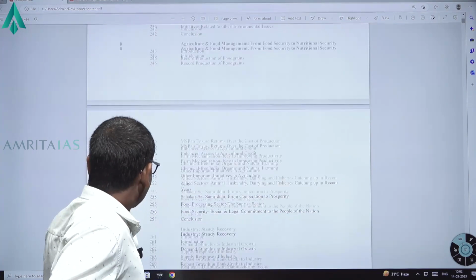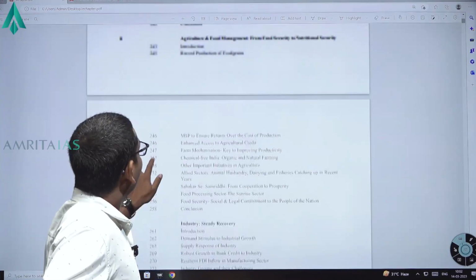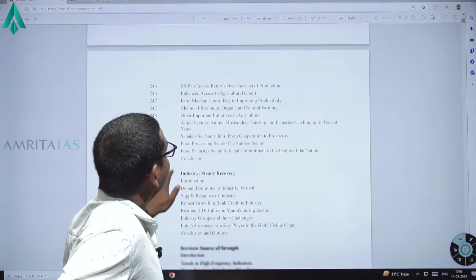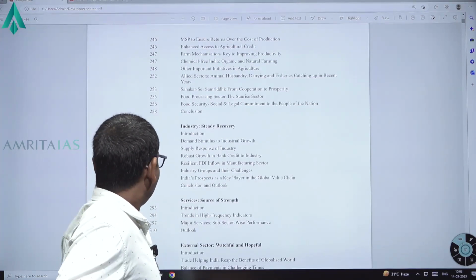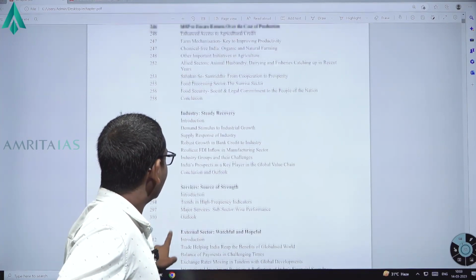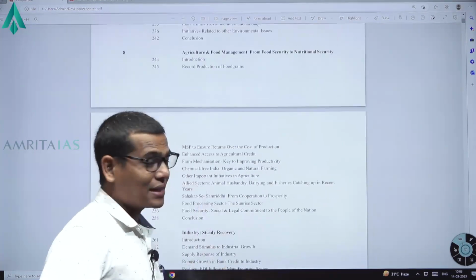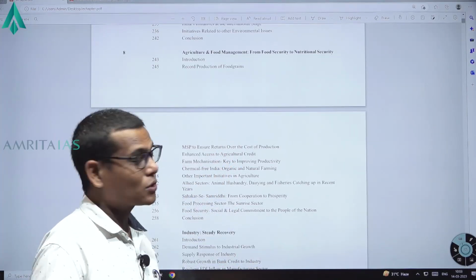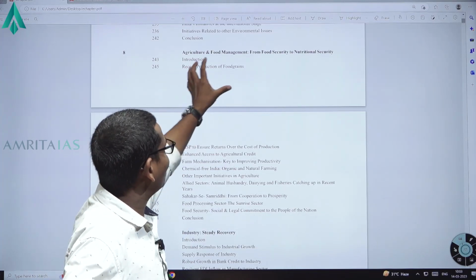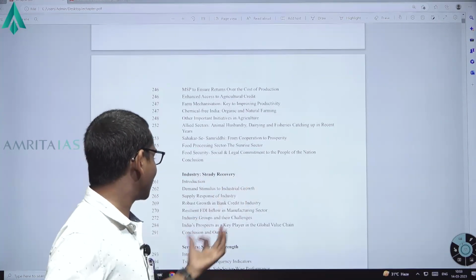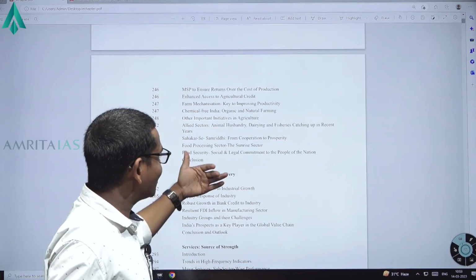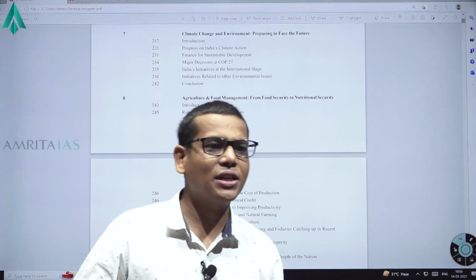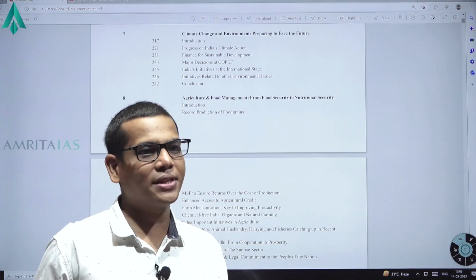Chapters 8, 9 and 10. Chapter 8, agriculture and food management, from food security to nutritional security; chapter 9, industry, steady recovery; and chapter 10, services, sources of strength. These three chapters deal with the performance of the Indian economy in three sectors: agriculture, industry and services. Each sector is dealt with separately, and it is not only about performance but also about the various initiatives taken by the government.